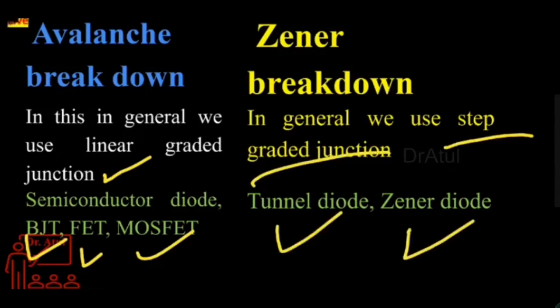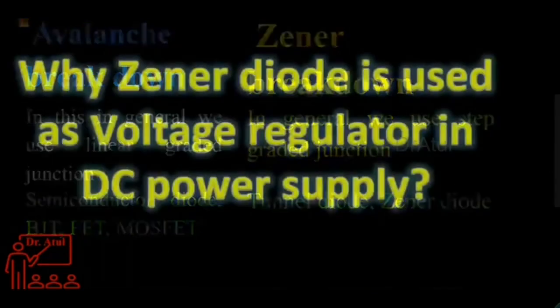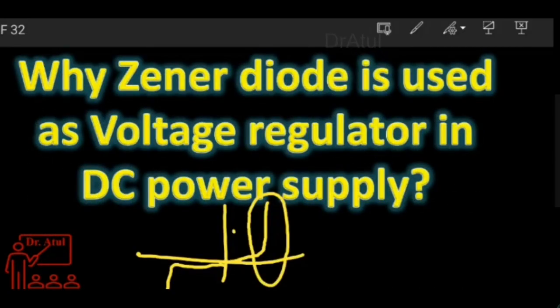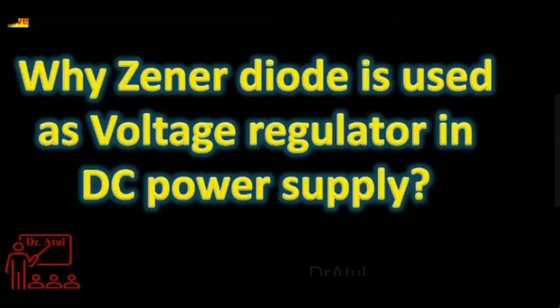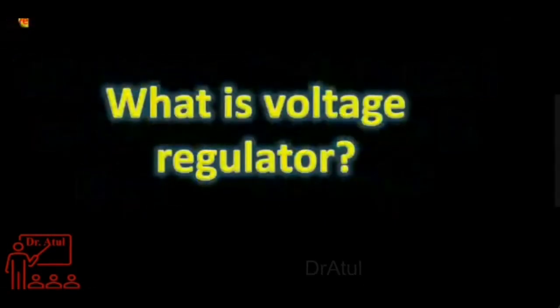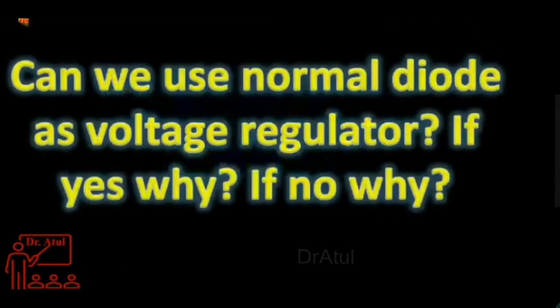Okay, so now the question is, why is a Zener diode used as a voltage regulator in a DC power supply? You can write one answer for this in your notebook. Another question is, what is a voltage regulator? And another question for you is, can we use a normal diode as a voltage regulator? If yes, then why and how?